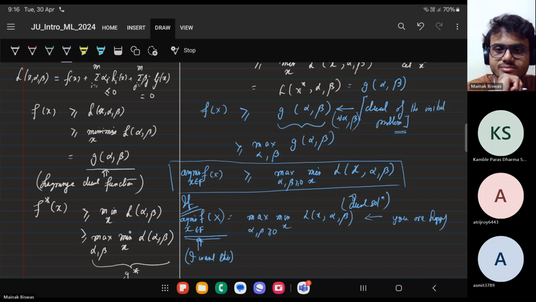Tell me. Understood this. But what did you not understand? This right hand side you understood. Just one thing to ask: by the right hand side, are we getting the value of f of x or the value of x? Max and min means the value of f of x, right?